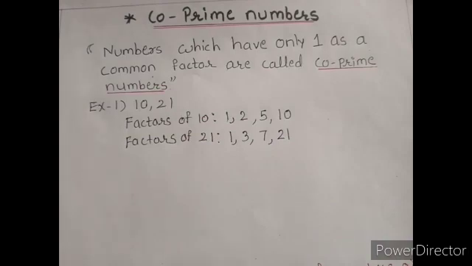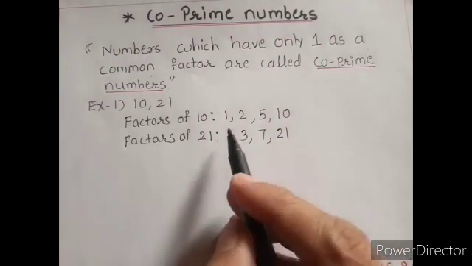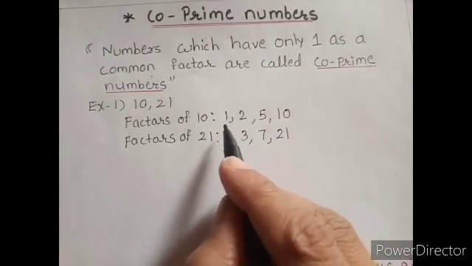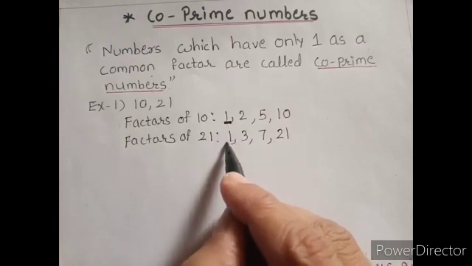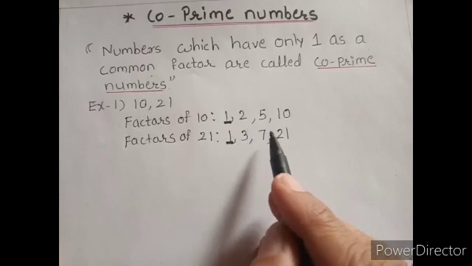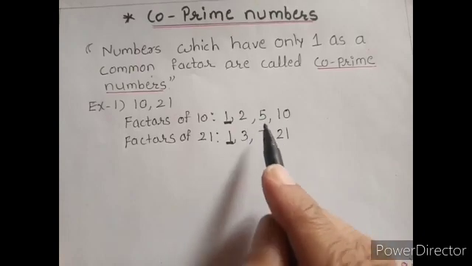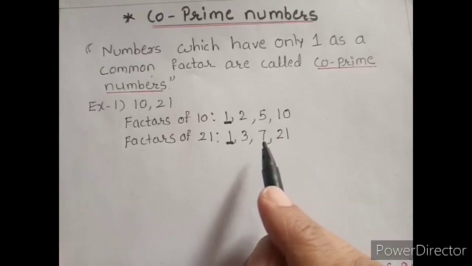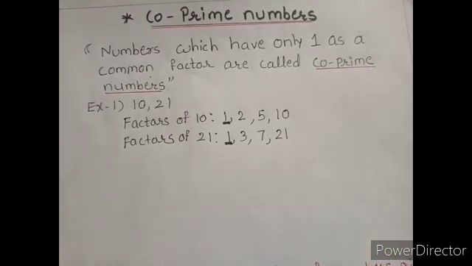Now you have to find out common factors in both. So which are common factors in both? 1 is a common factor, so underline below that. Other factors are different. There is only one common factor, that is 1.